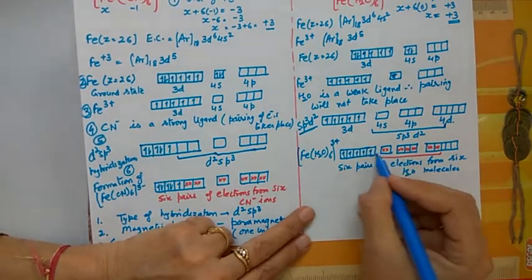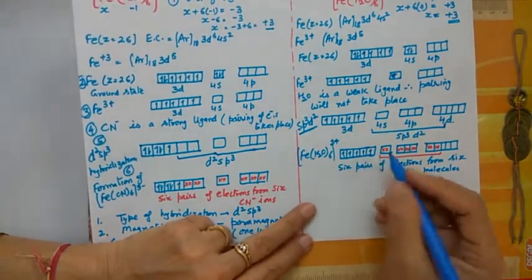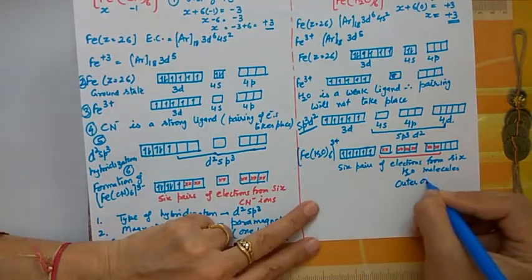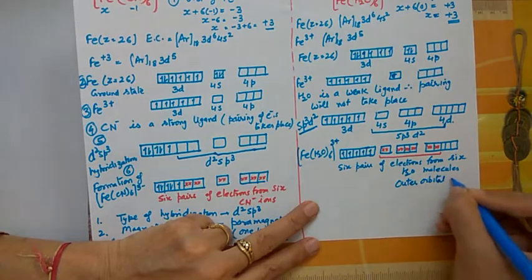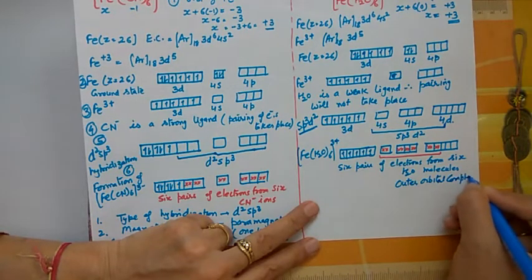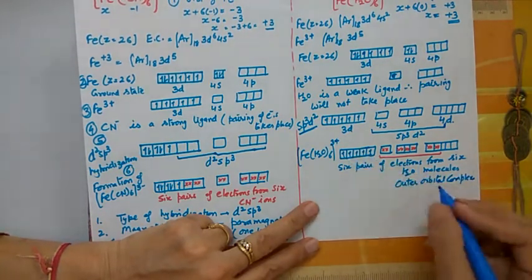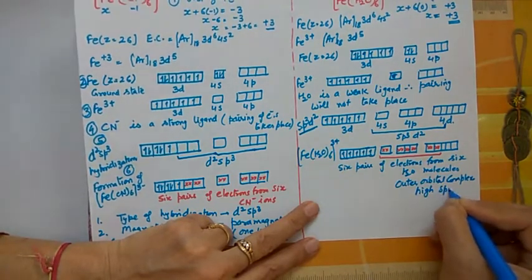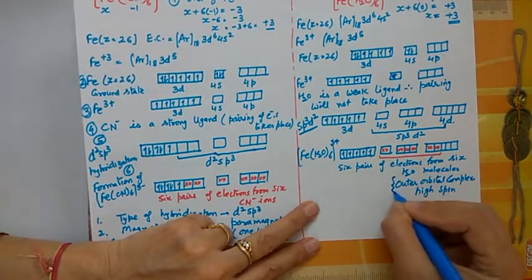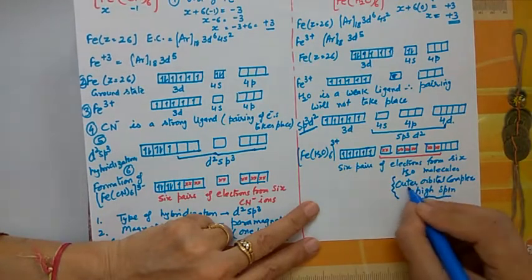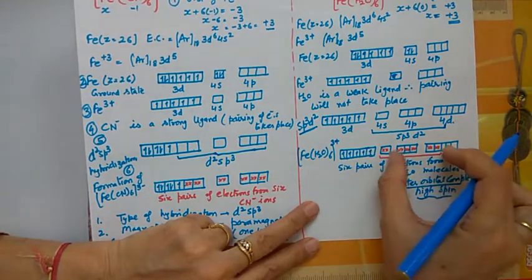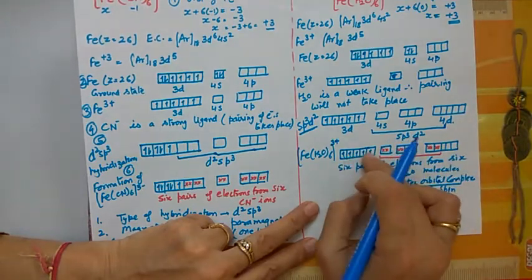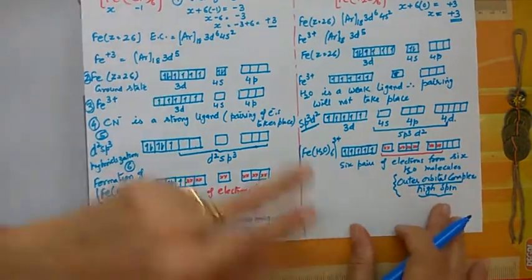So in this case, as pairing is not taking place, we call it an outer orbital complex, and the number of unpaired electrons is more, so high spin, right? Outer orbital complex and high spin, because it is using outer d orbitals and the number of unpaired electrons is more, so it is a high spin complex.